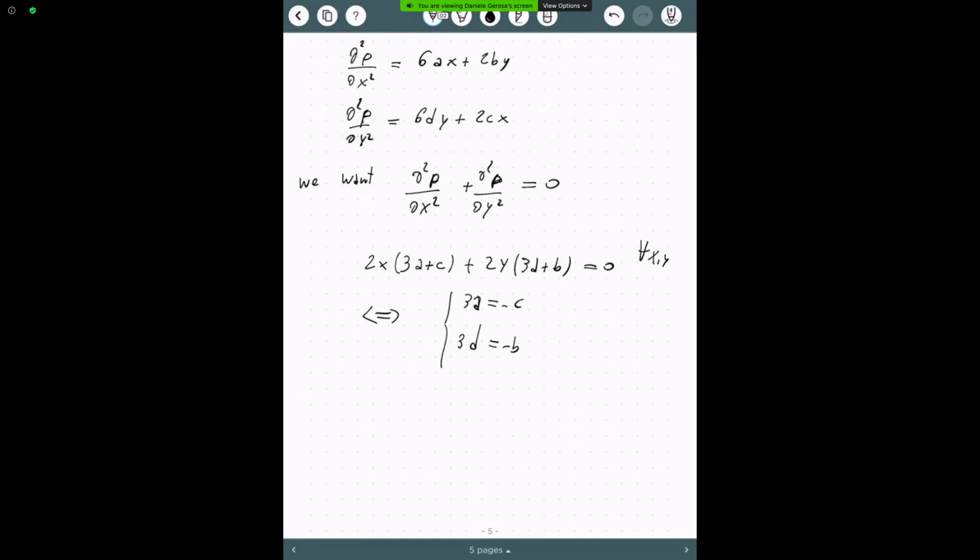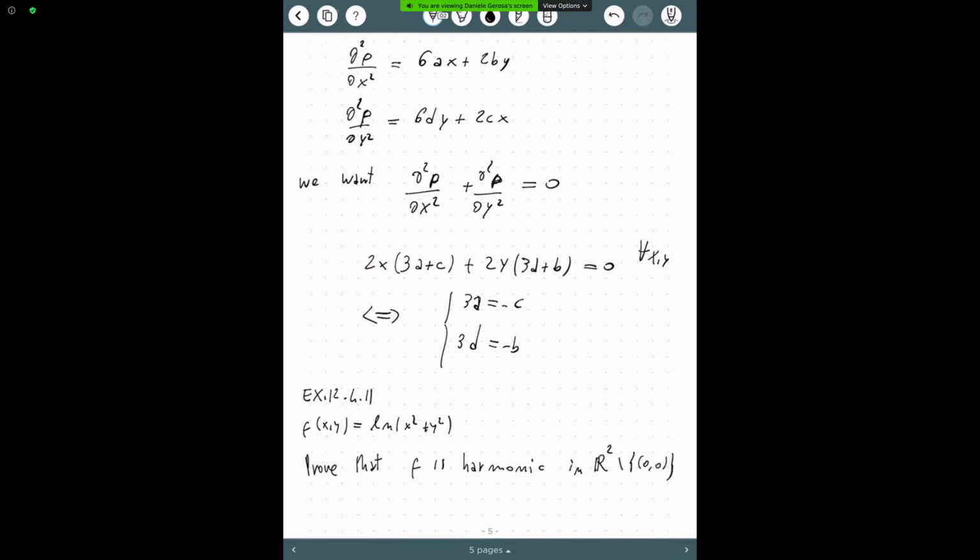Okay, so this was an exercise on harmonic functions. We can try to do number 11 too. We have the function f of x, y, defined as this. We want to prove that f is harmonic in R2 minus the origin.